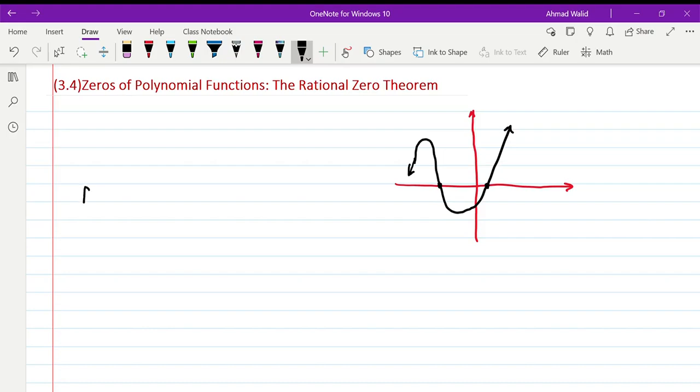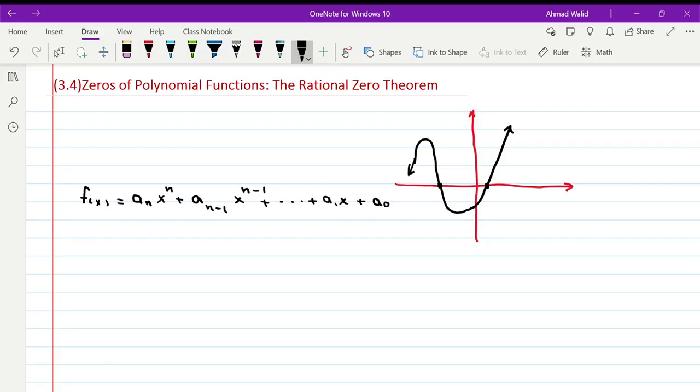A polynomial function, we discussed it before, is in the form of f of x equals a sub n x to the power of n plus a sub n minus 1 x to the power of n minus 1 plus dot dot dot, and you end up with a1 x to the power of 1 plus a0, your constant term, correct?